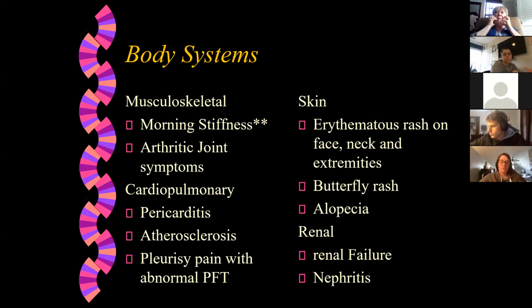Her jaw and her TMJs were so tight that she could not open her mouth to chew. So very arthritic joint symptoms is the number one, 85%. It is musculoskeletal. And this is what sends them to the doctor.